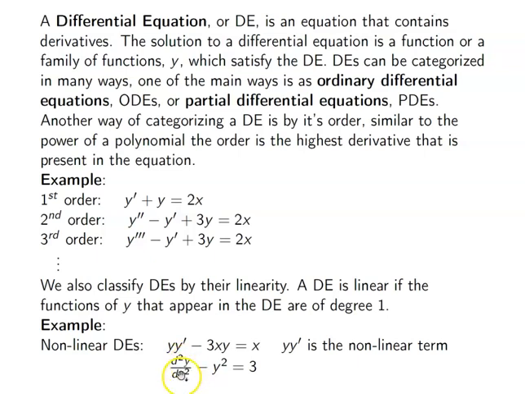And then there are other variations of this as well. So make sure you're familiar with how to represent a derivative, okay? So again, here, this y squared is the nonlinear term because it is not a degree of 1. So in these examples, these three are all linear, okay? These are two examples of nonlinear DEs.